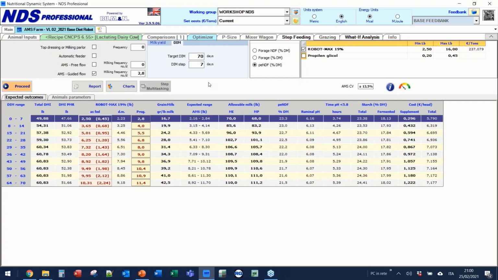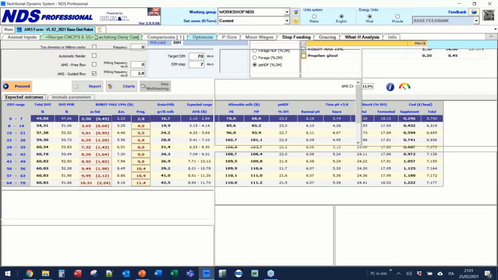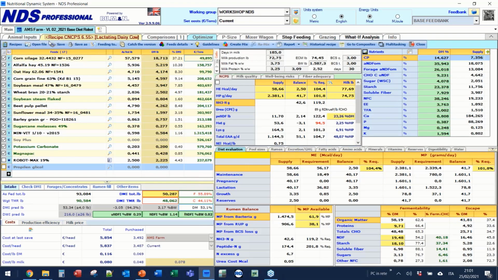Because if you add non-forage fibers and you get higher intake, you should be able to evaluate everything through the PMR formulation before you run the step feeding. You know what I mean?